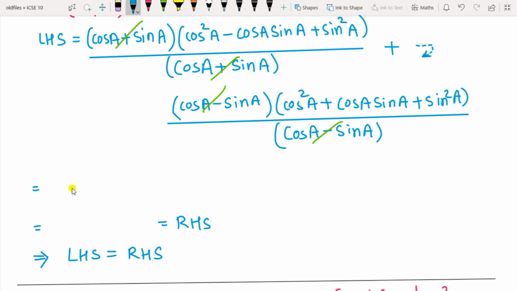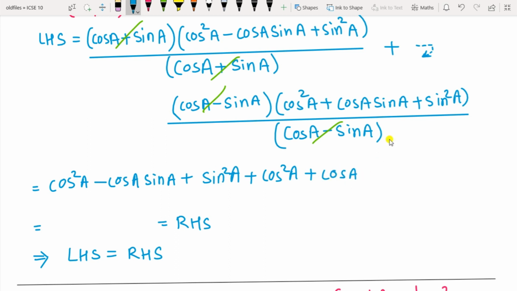Write it here, that is cos square A minus cos A sin A plus sin square A plus cos square A plus cos A sin A plus sin square A. This whole bracket and this whole bracket you have to write here.